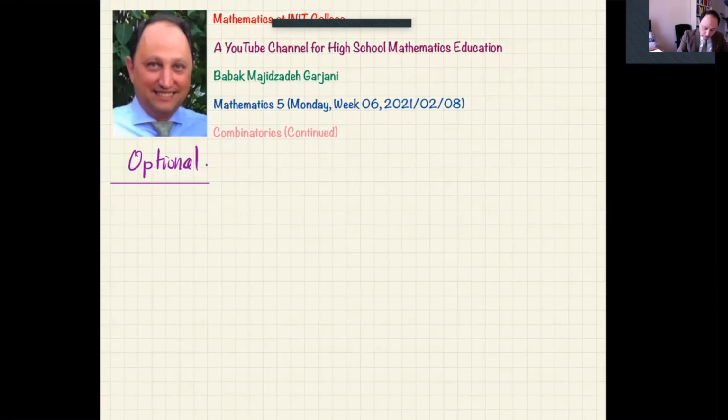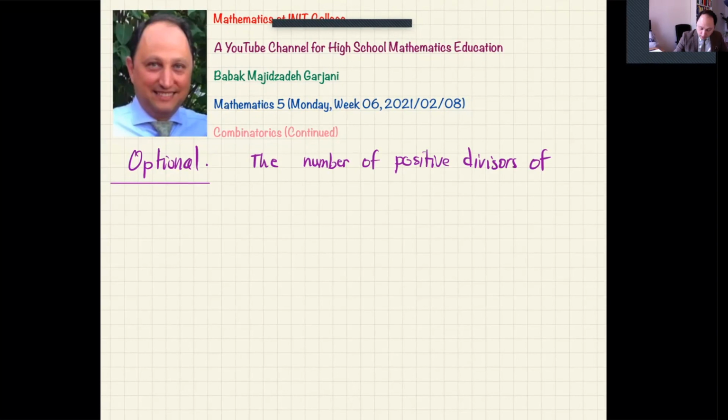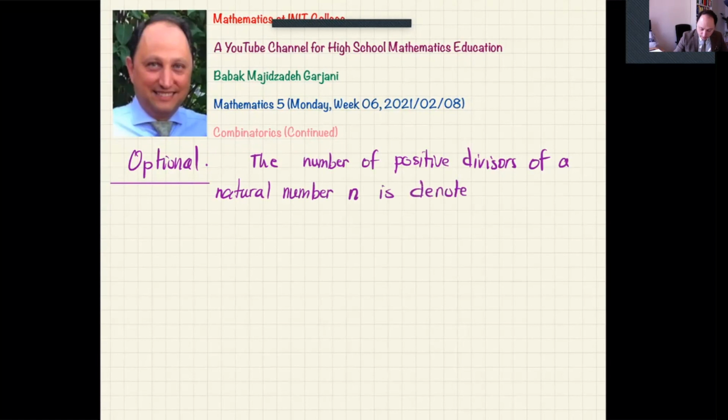The number of positive divisors of a natural number n is denoted by tau n, the Greek letter tau.